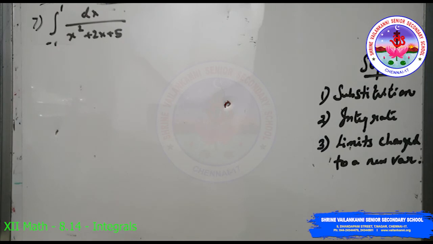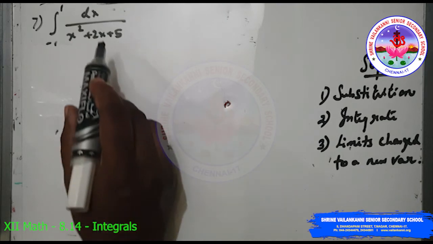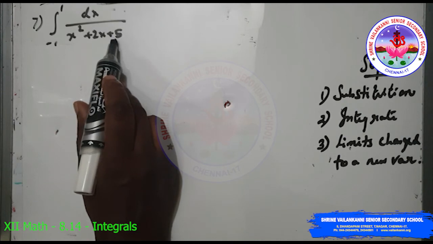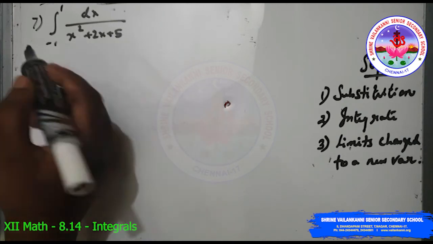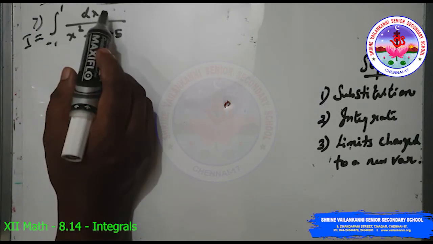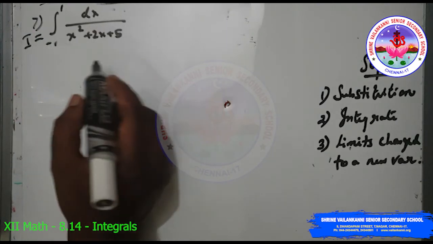Seventh one, integral of minus 1 to 1 dx by x square plus 2x plus 5. So we have to add and subtract 1 using the completing the square method. So let I equal to integral of minus 1 to 1 dx by x square plus 2x plus 5.